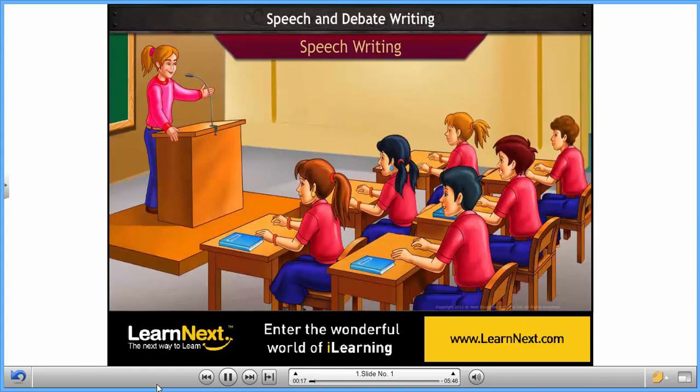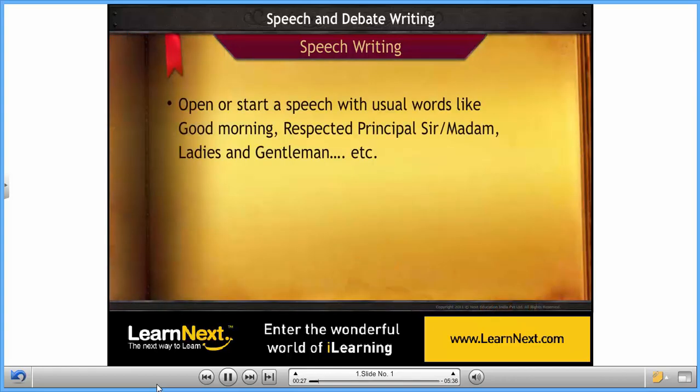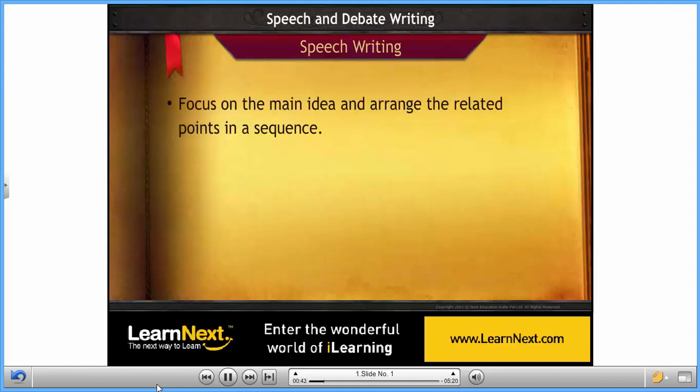Speech means power or act of speaking. Here are a few things to remember while preparing a speech. Open or start a speech with usual words like good morning, respected principal, sir or madam, ladies and gentlemen, etc. Focus on the main idea and arrange the related points in a sequence.